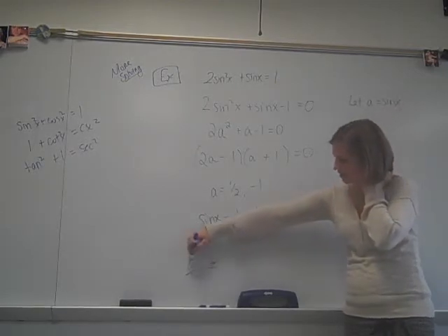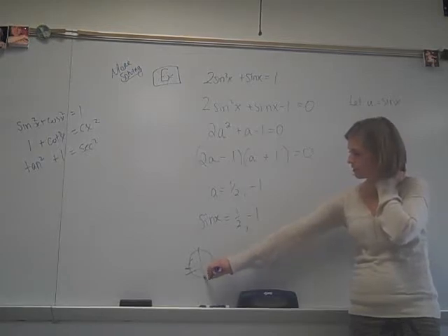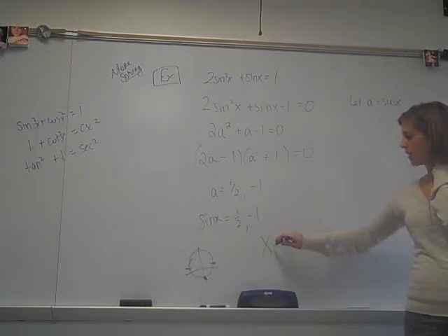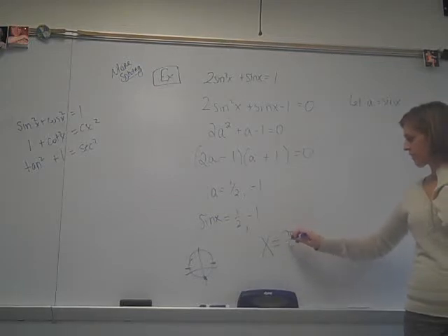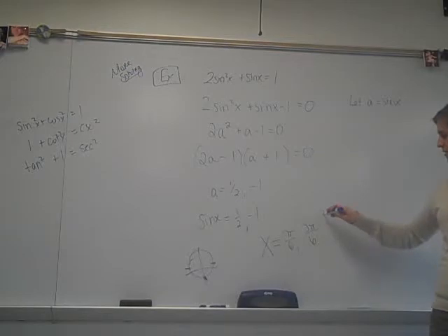Here and here. And where is it -1? Down here. So just like always, we're going to give all the values within one complete rotation of the circle. So we'll have pi over 6, 5 pi over 6, 3 pi over 2, and we'll say plus 2 pi k.